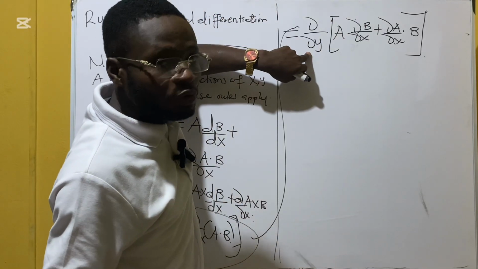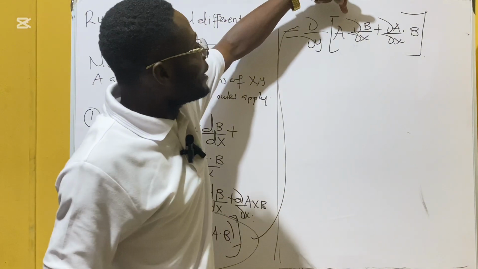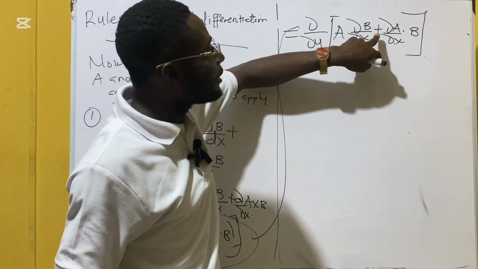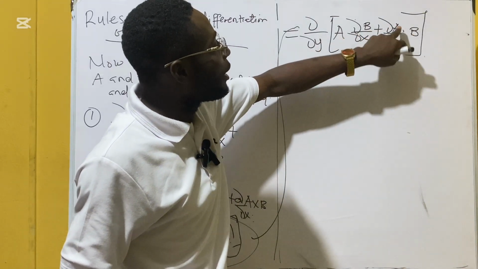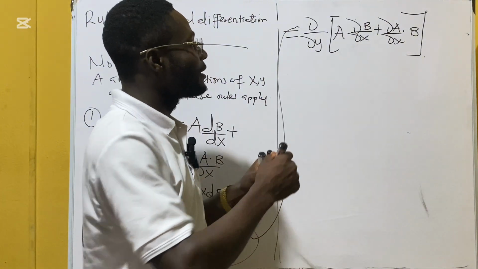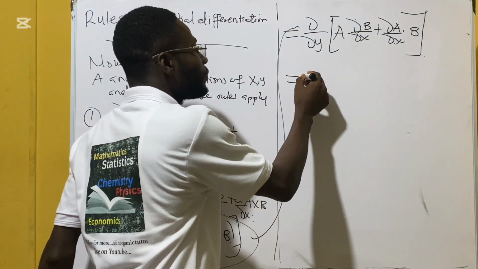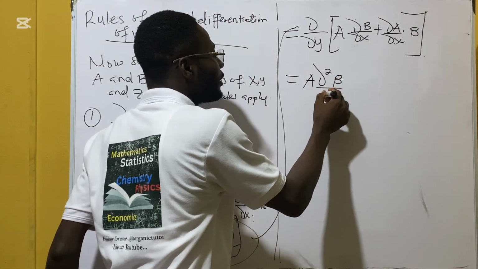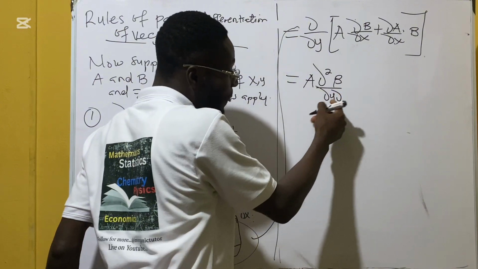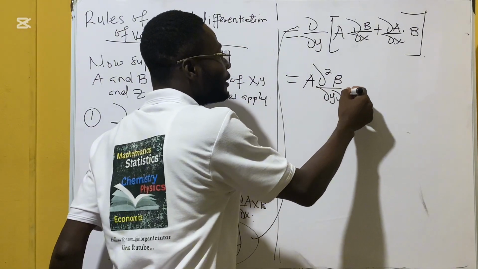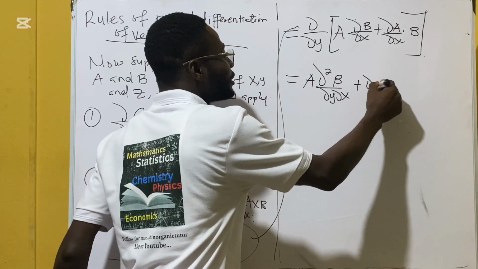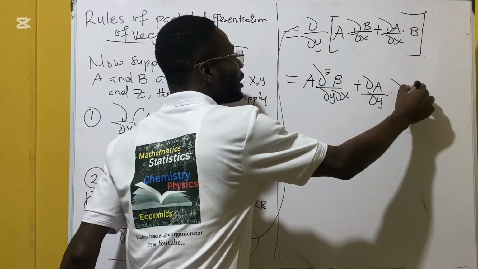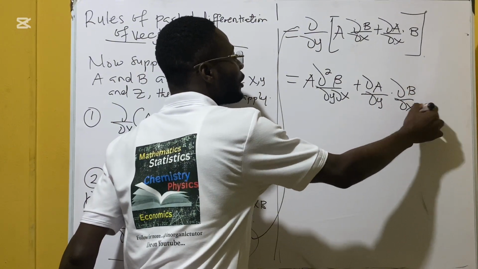Partial d with respect to partial dy of A dot partial dB with respect to partial dx plus partial dA with respect to partial dx dot B, is equal to A dot the second partial of B over dy dx, plus partial dA with respect to partial dy dot partial B with respect to partial x.